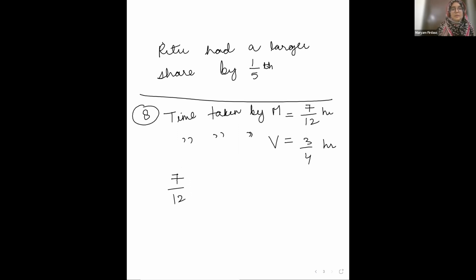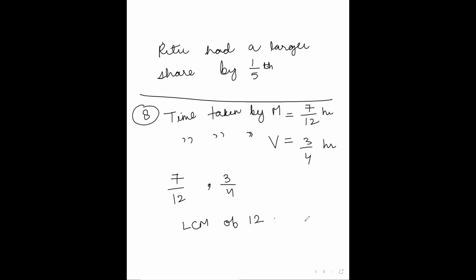We have to find out the LCM of 12 and 4. So what is the LCM of 12 and 4? First ask yourself, does 12 appear in the table of 4 or not? Yes. So what is the LCM of 12 and 4? LCM means least common multiple.